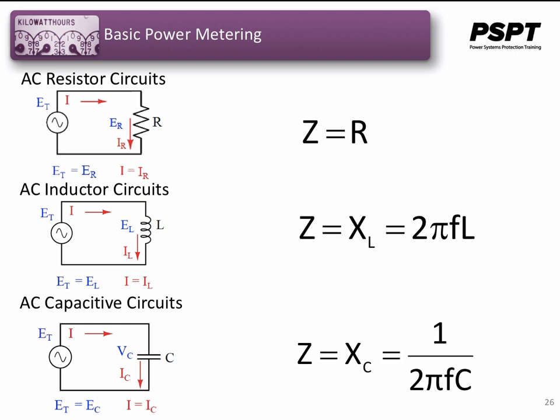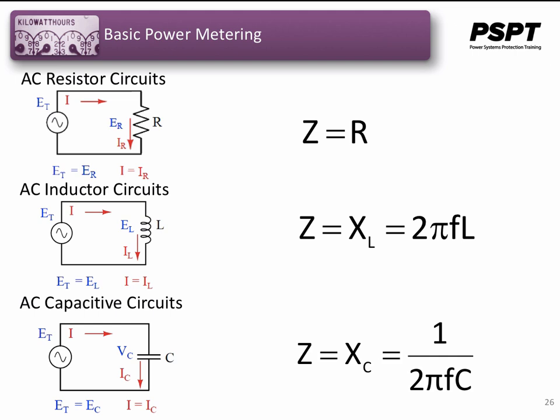Note that the relationship of capacitive reactance to frequency is exactly opposite from that of an inductive reactance. Capacitive reactance in ohms decreases with increasing AC frequency. Conversely, inductive reactance in ohms increases with increasing AC frequency. Inductors oppose faster changing currents by producing greater voltage drops.